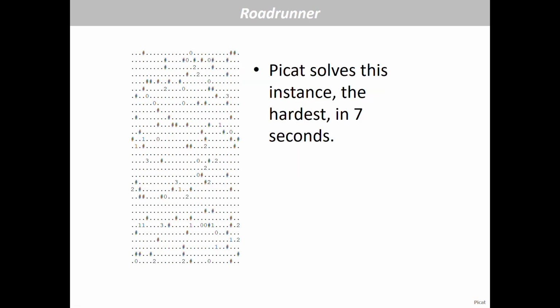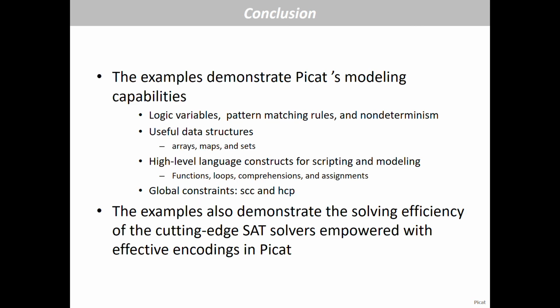Here is an instance, the hardest instance of the Roadrunner problem. Picat solves this problem in 7 seconds. So basically, this paper conveys 2 messages.